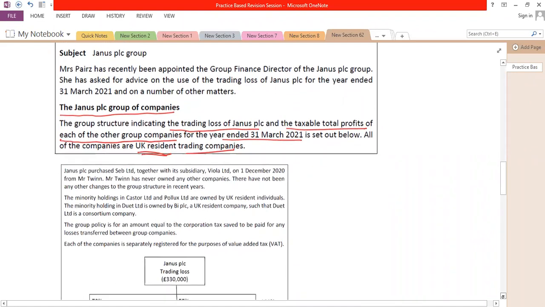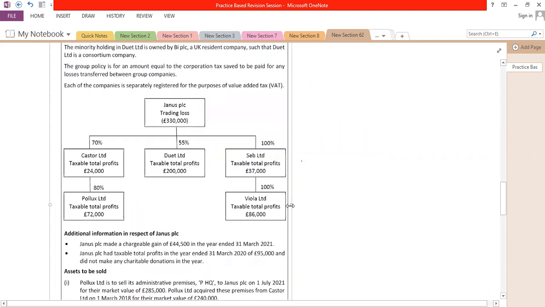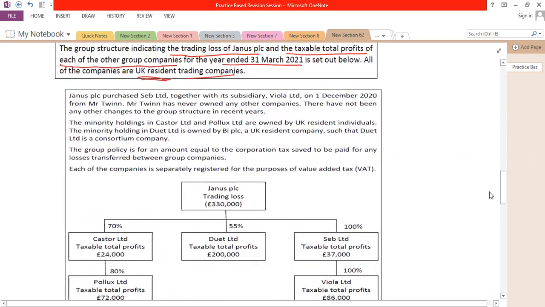Now, we need further information, something more from the group's perspective. So, the company purchased SAB Limited together with its subsidiary Voila Limited on 1st December 2020, right? Date is very important. So let me highlight the date. It's 1st December 2020.